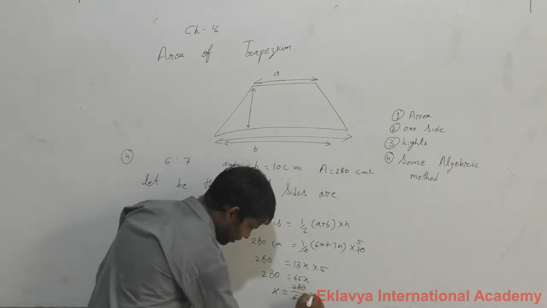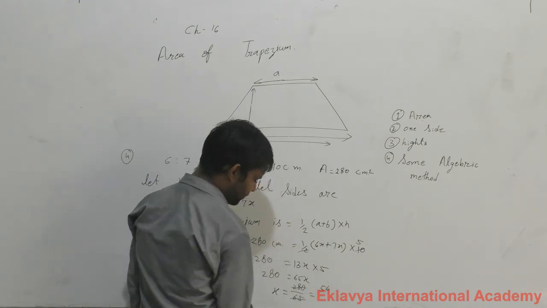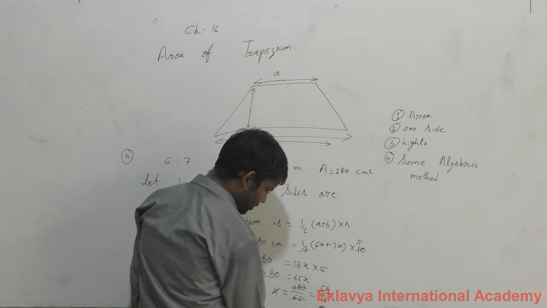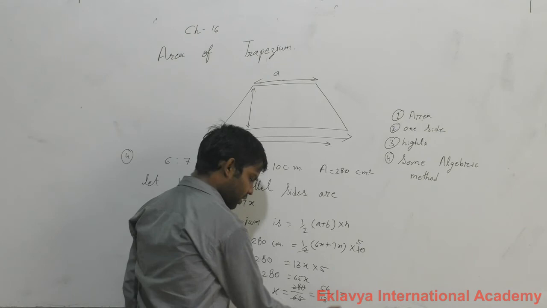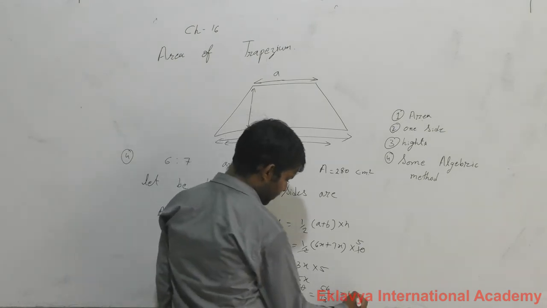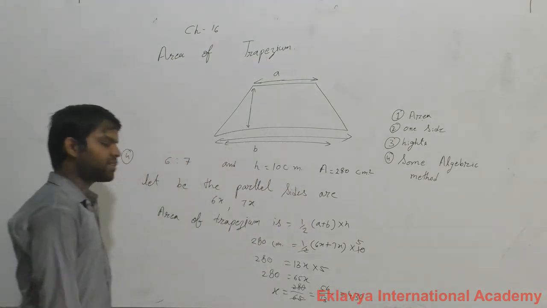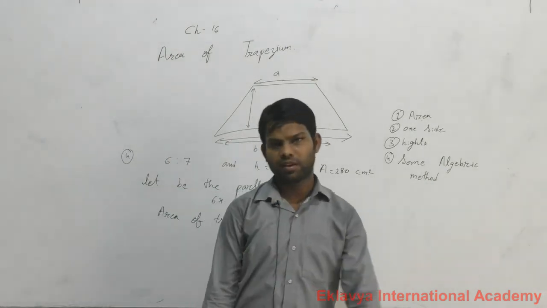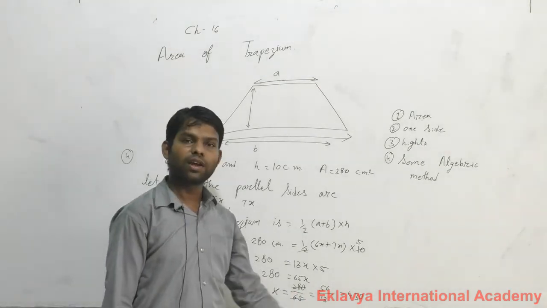If we cancel out by 5, then 56 upon 13. Again we cancel out, 13 4 ja 52, remaining 4, 13 3 ja 39, remaining 1 0. So our answer, what we got? x is 4.3. We want to find parallel sides. Here we got only the value of x.